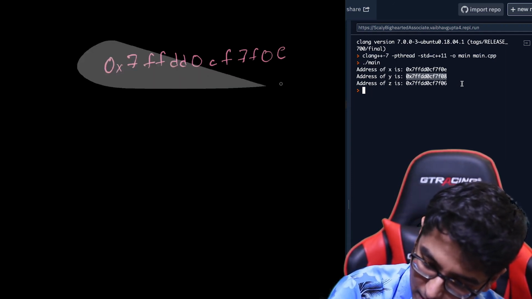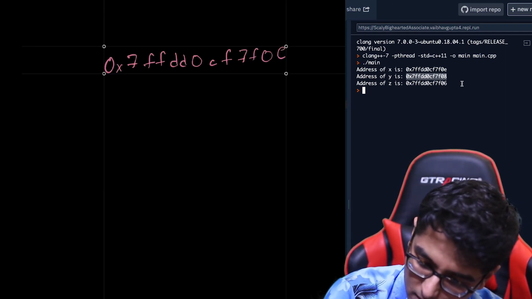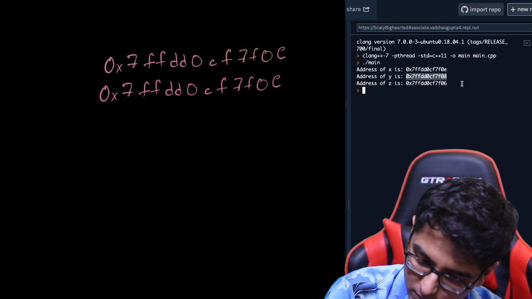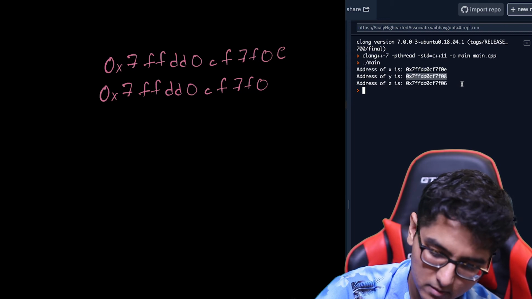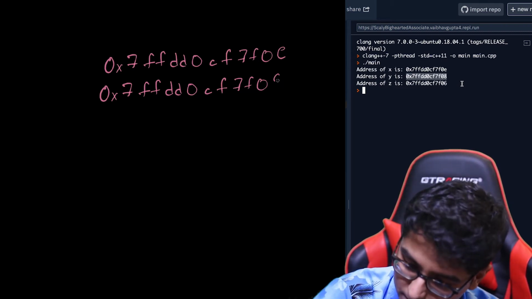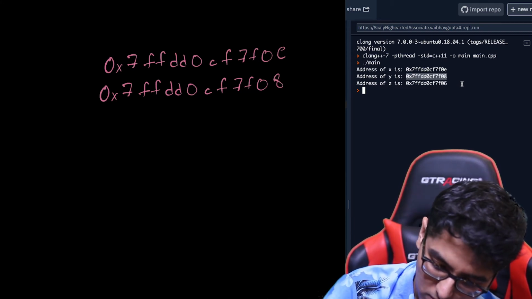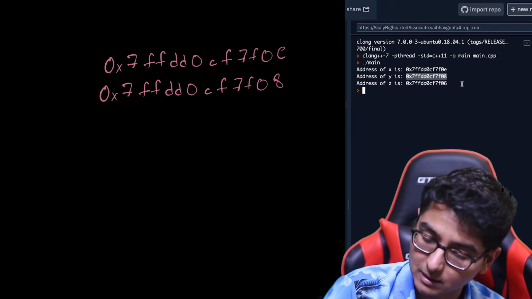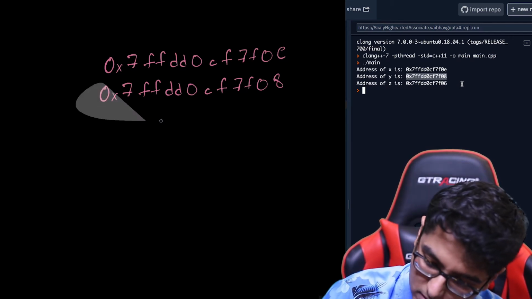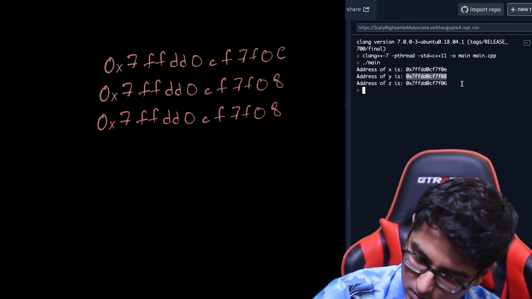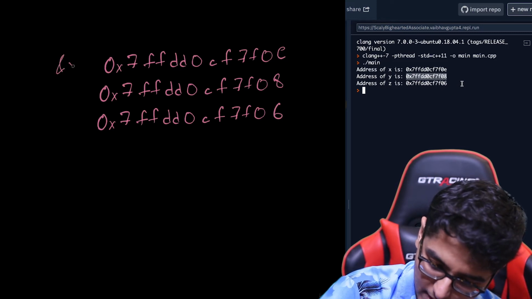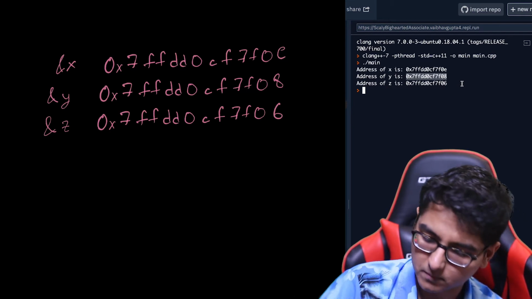So I'm going to go ahead and just copy and paste this and duplicate it for the address of y. But instead of e, I will be putting down 8. And now we're going to do exactly the same thing for z, but instead of 8, we'll be putting down 6. So this is the address of x, this is the address of y, and this is the address of z.